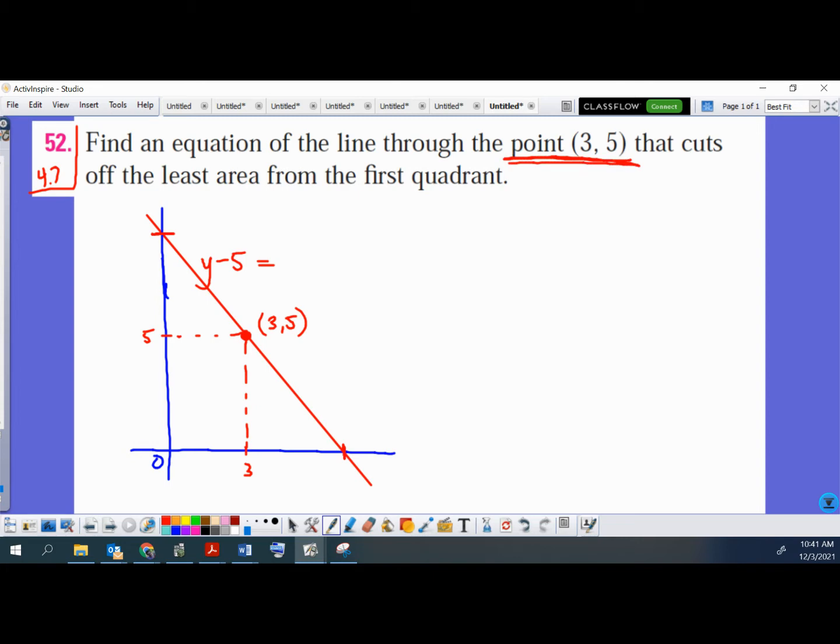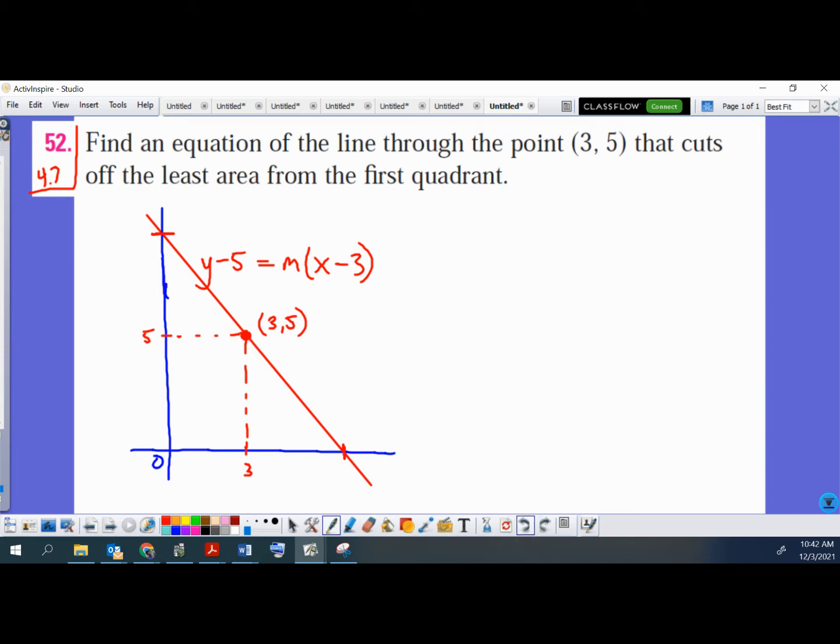So y minus 5 equals m times (x minus 3), x minus x1. That's my point-slope form, and I could move the 5 over to the other side. I will point out m is variable here, right? The idea is this line can be rotated at any angle so long as you get a negative slope so that it has an x and a y intercept.